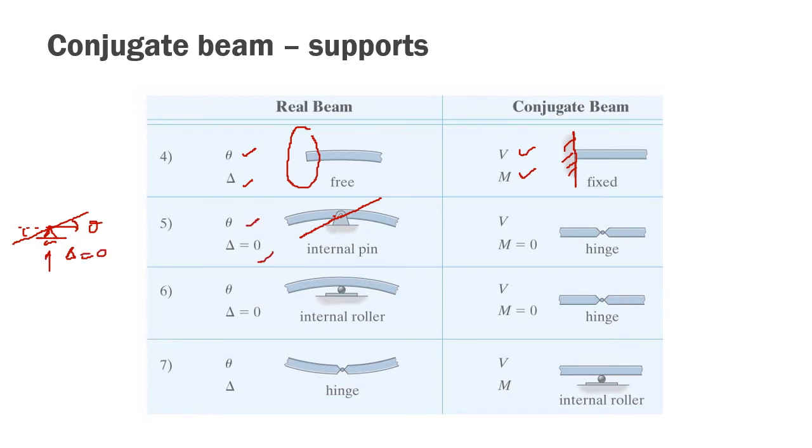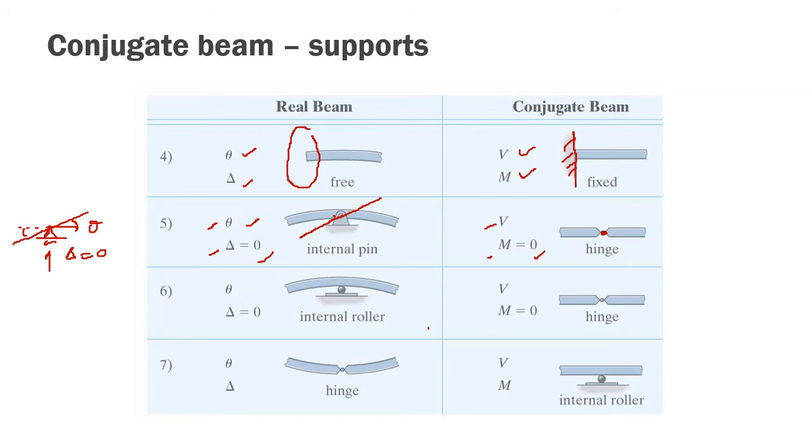So to make sure that a similar relation is in your conjugate beam, you need to change from internal pin to an internal hinge. So what's so special about a hinge? Your moment is going to be equal to 0, but you have a value for shear. So again, as shear is related to slope and deflection is related to moment, it satisfies both conditions.